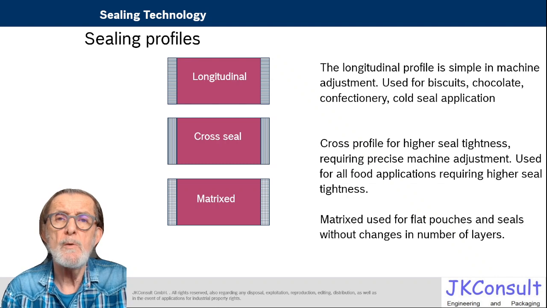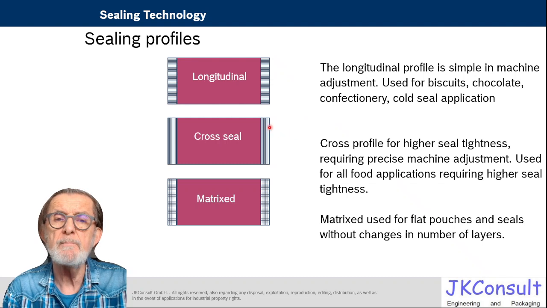As an extension of the podcast made for biscuit people on biscuits and packaging, I want to tell you something about the influence of sealing profiles on the sealing quality. These are the most used profiles. As you can see, we have here a longitudinal profile. It's in the direction of the product flow.